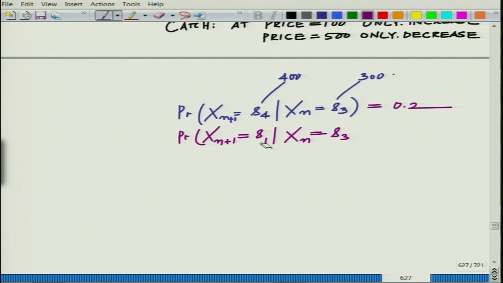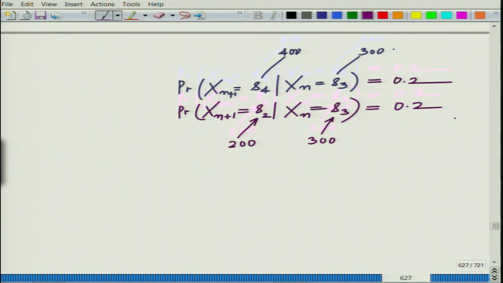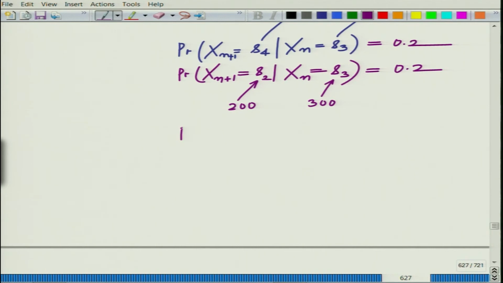Remember S2 is 200, S3 is 300, and the probability that it decreases by 100 is equal to 0.2. Now, one can ask what is the probability x n plus 1 equal to S1 given x n equal to S3.